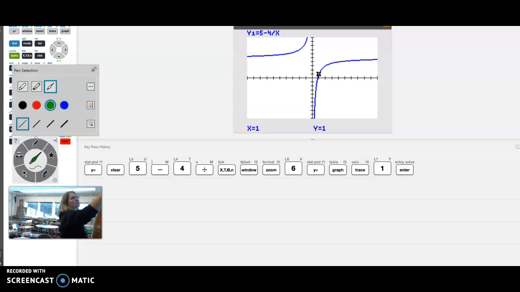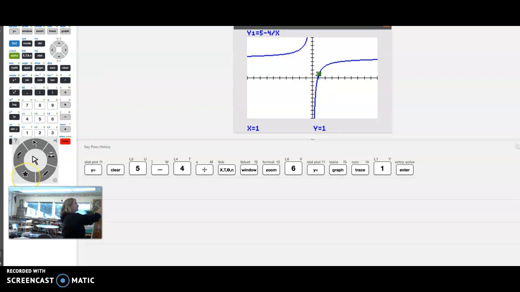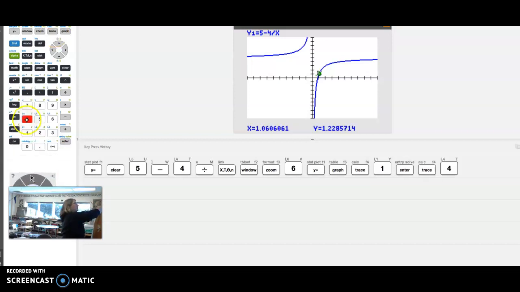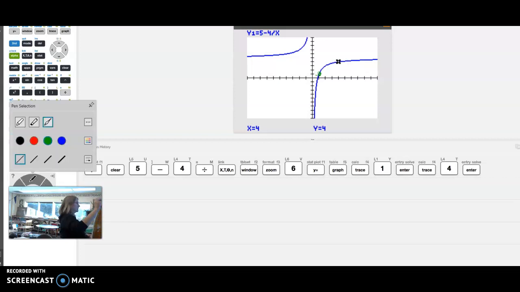Then f of 4, if I trace to 4, is this point right here.